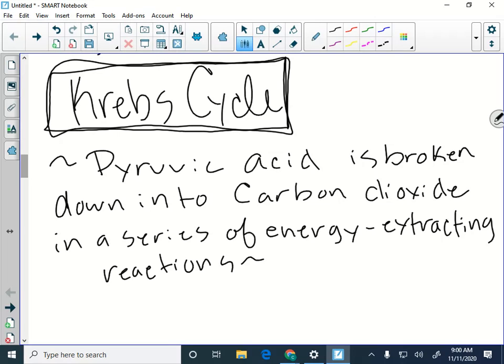This space in the inner mitochondrial membrane is called the mitochondrial matrix. So we've got our outer membrane and our inner membrane. I just want to orient you here. So it's like a compartment within a compartment.